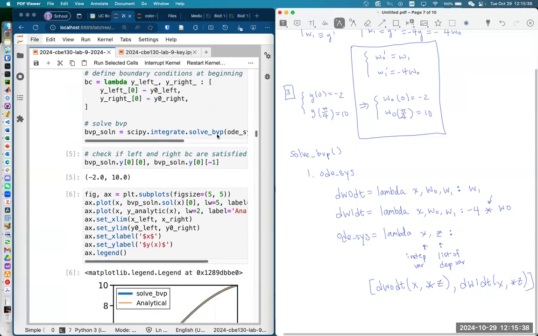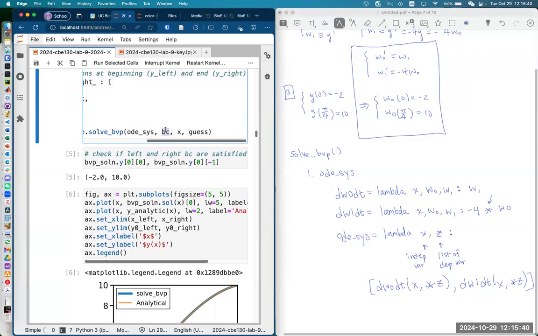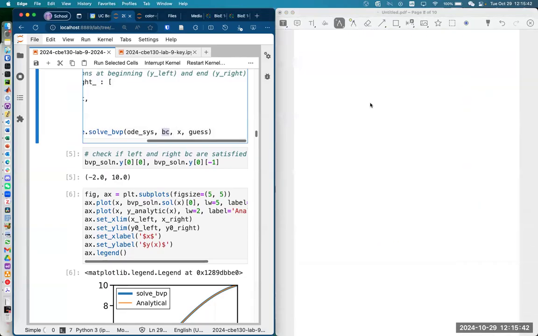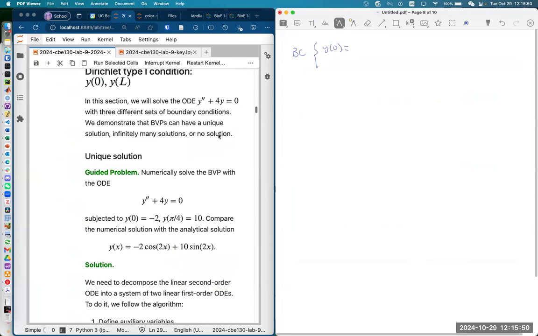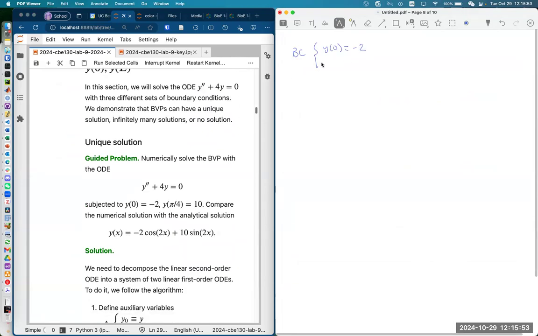And then the other thing that you need is to define boundary conditions. And the boundary conditions in our case is y0 is equal to, let's see, minus 2, and then y of pi over 4 is 10. To define boundary conditions in solve BVP, it will require you to rewrite it in terms of something is equal to 0.